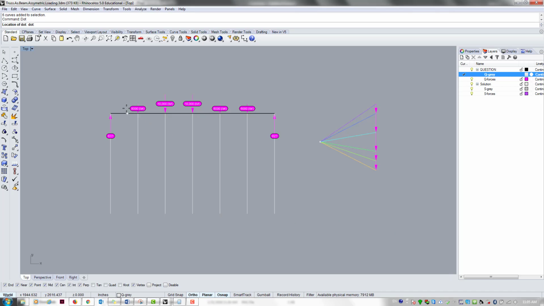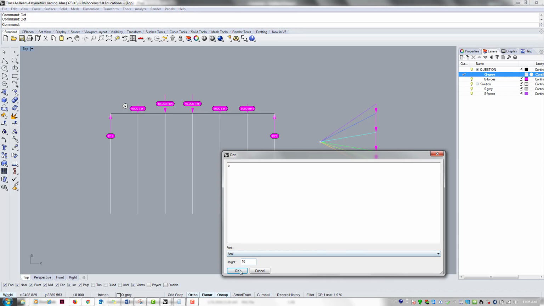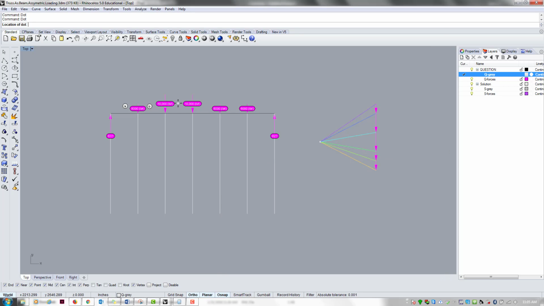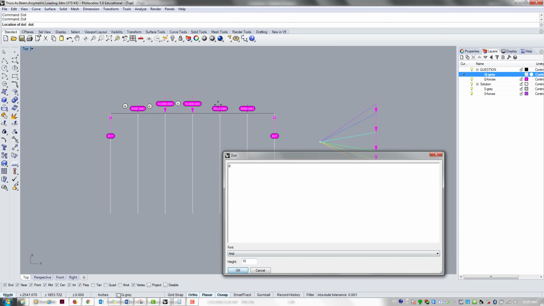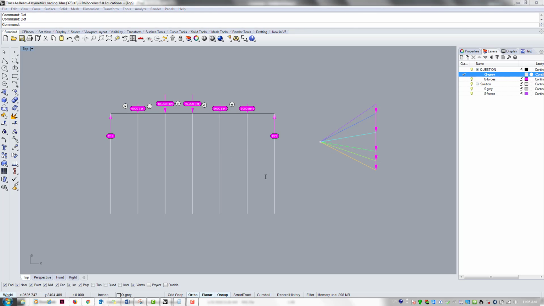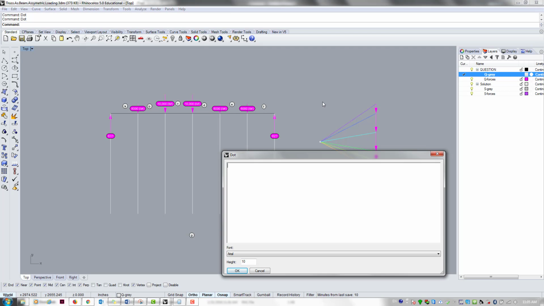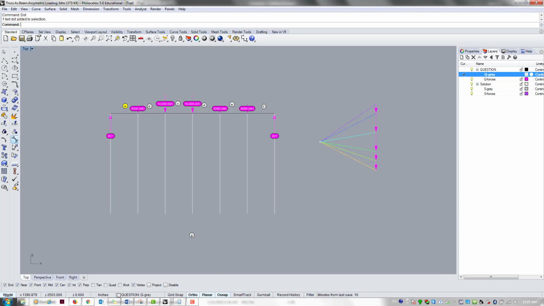So I would call it A, B, and this is not to be confused with those areas that we're going to name when we solve the trusses. All I'm doing is just to get the reactions correct. And G is actually this entire zone between R1 and R2.